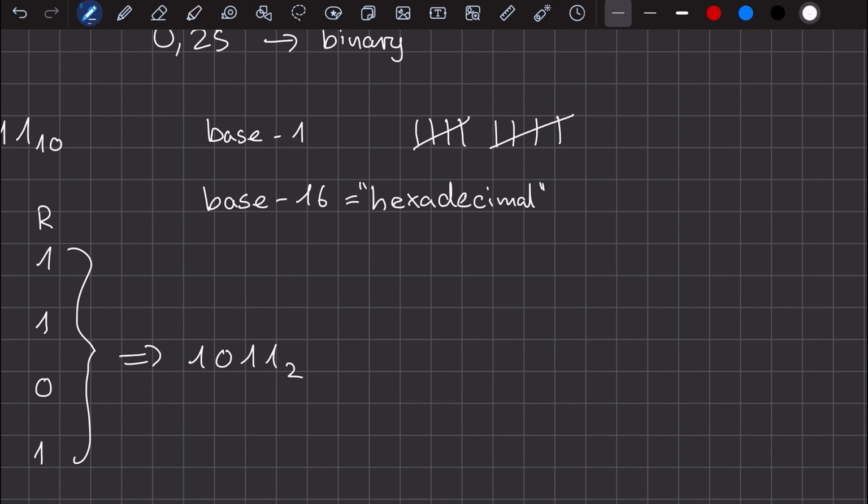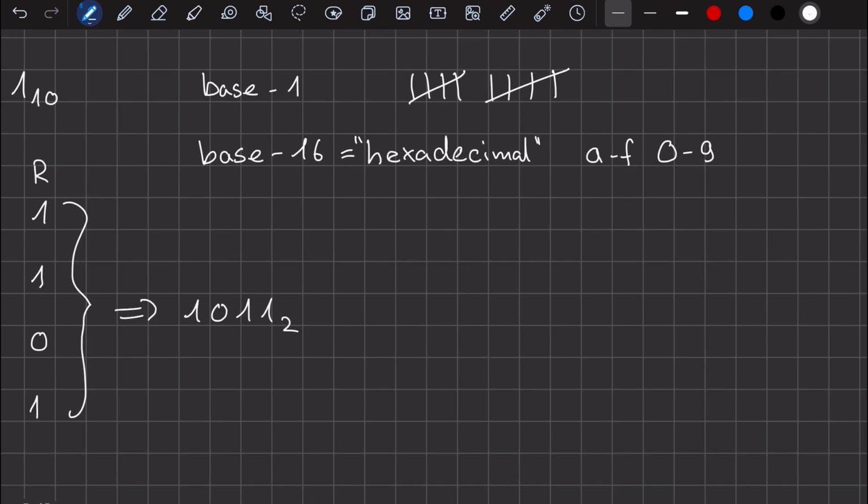And for your information, base 1 is not used in computers a lot, but hexadecimal is used quite a lot. It uses the letters A to F additionally to the symbol 0 to 9. So you would have, for example, the number AF312. And this is a more compact way of writing binary, especially for addresses in computers.